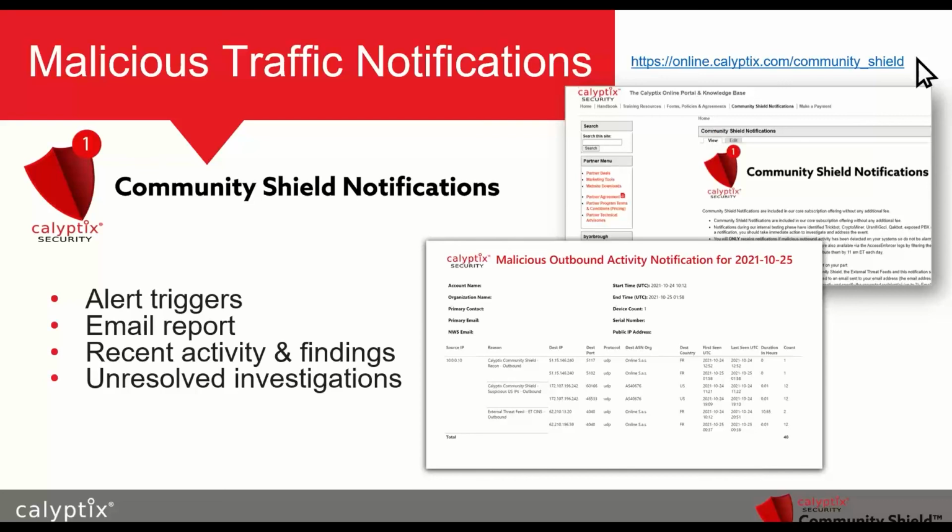The second trigger is at least one device that has made greater than 10 attempts to connect to an IP with an AbuseIPDB abuse confidence score of 100. A score of 100 in this case is a strong indicator of at least a suspicious, so likely malicious, IP. And the newest trigger is an excessive amount of international outbound alerts.